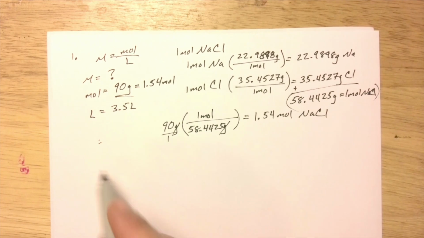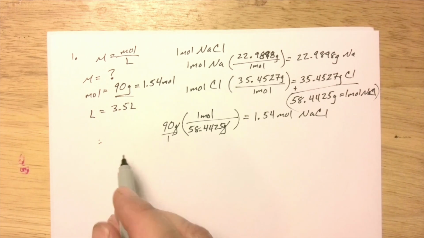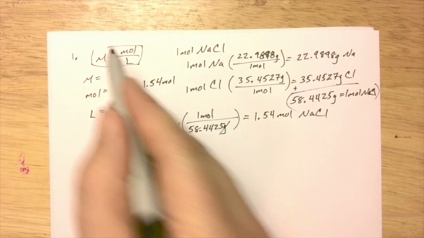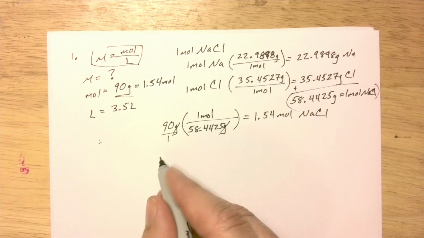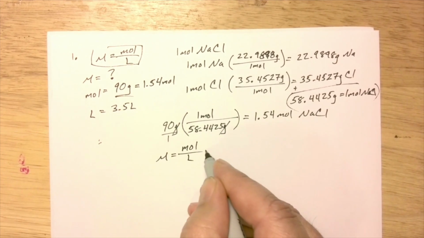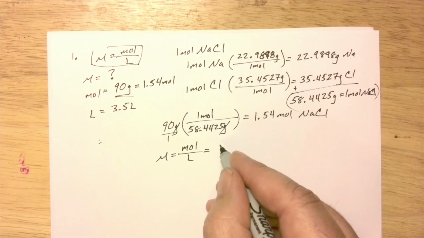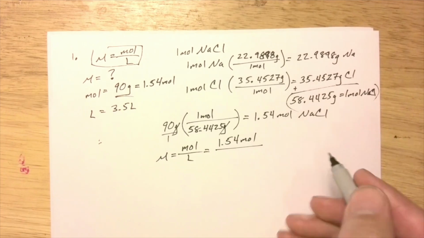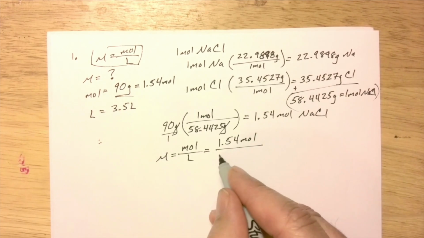So now we can go ahead and figure out what is the molarity, using this formula right here. Molarity is a mole per liter, and the moles is 1.54 moles. And the volume is 3.5 liters.